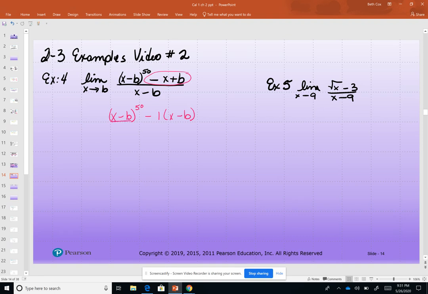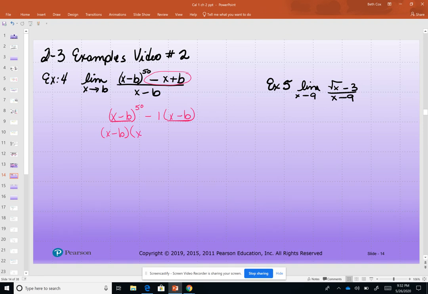And so now this represents a common factor. This is similar to factoring by grouping, something you may or may not remember, but it is factoring. So if I take x minus b out, remember when you factor, you subtract an exponent.